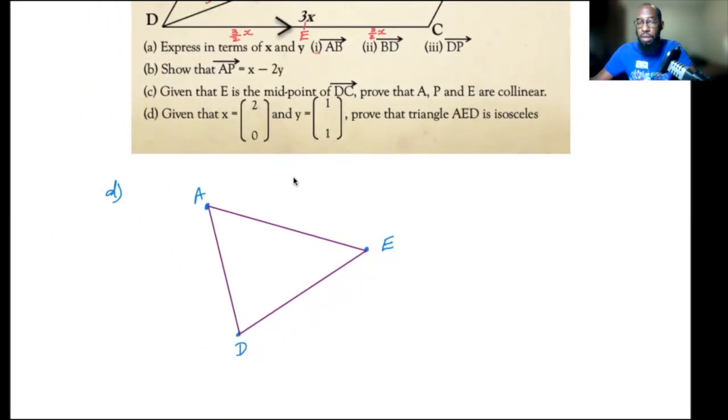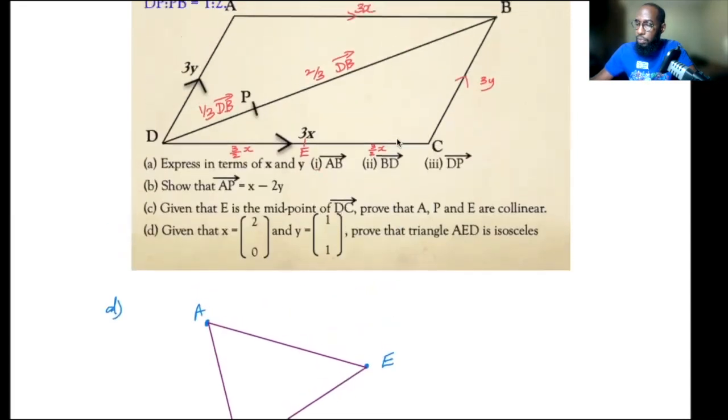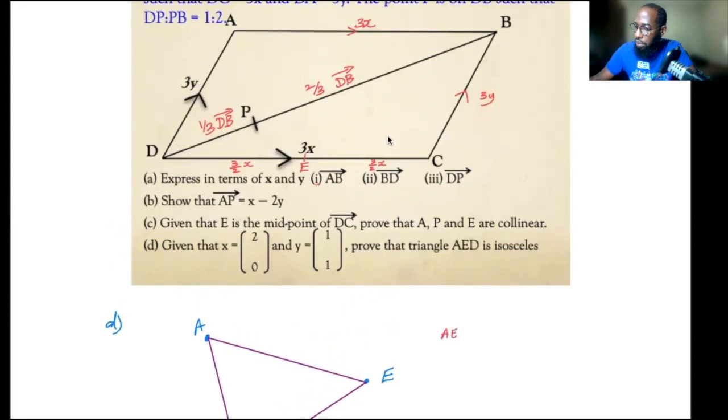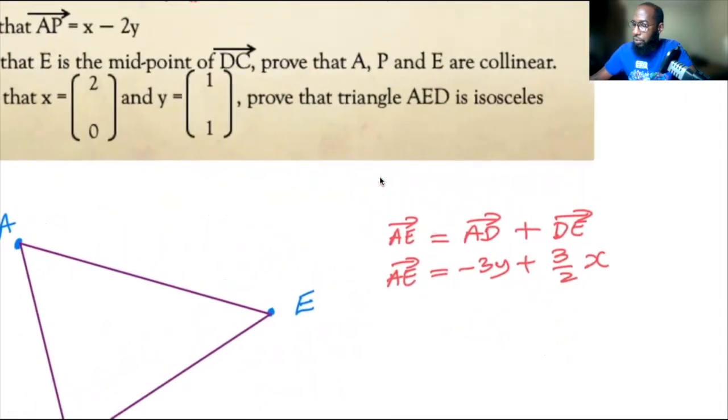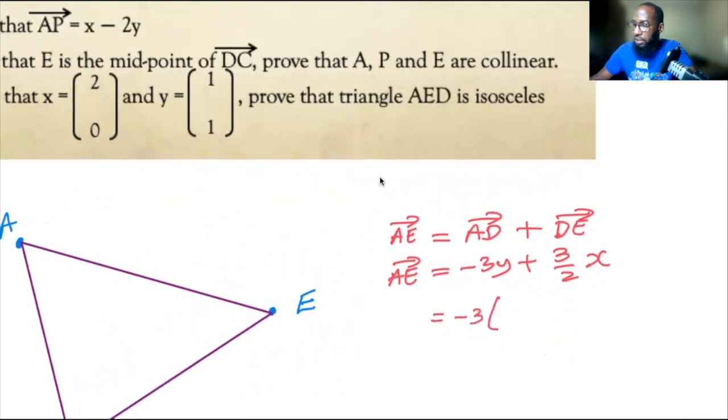All right, so AE is equal to AD plus DE. And AD is equal to negative 3y, plus DE is equal to 3 over 2x. So this is AE. Now remember, x is equal to 2, 0, and y is equal to 1, 1.